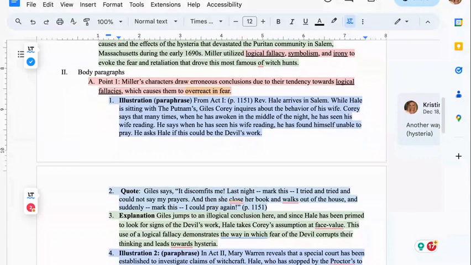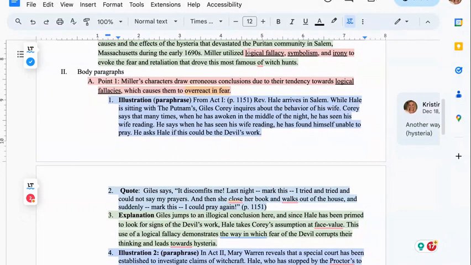Okay, so now what I'm going to do is I'm going to take these three and I'm going to drop them one at a time into each of my point slots. So point one will have to have something to do with logical fallacy, and it should link back to the theme hysteria. So I get rid of my question here and I replace it with my sentence statement.